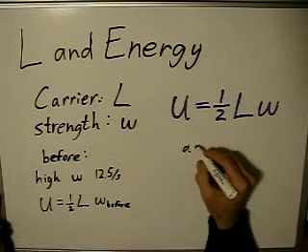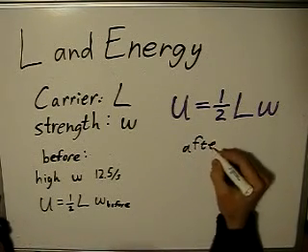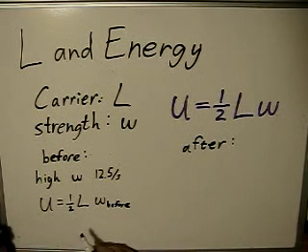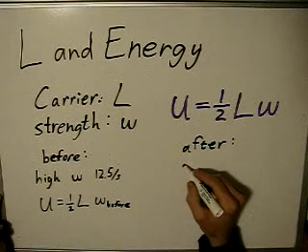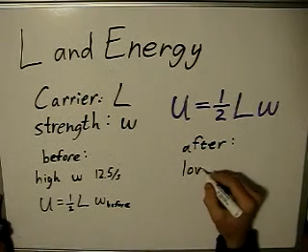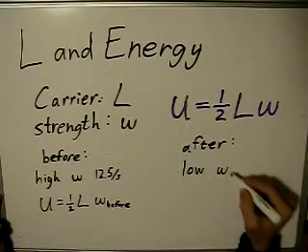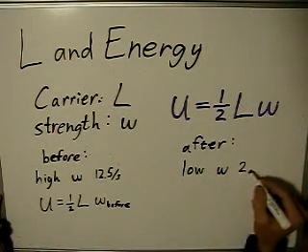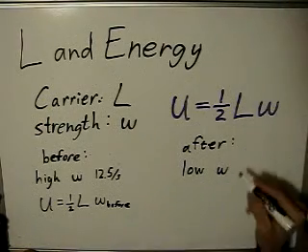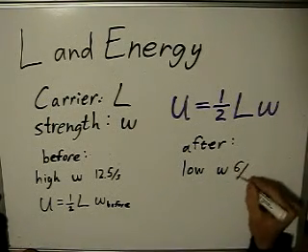Now after, we said that the same amount of angular momentum was shared by both of those plates, but they were rotating at a lower speed. So we had a low omega. I think it was about 6 per second.